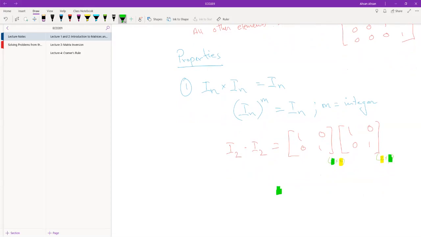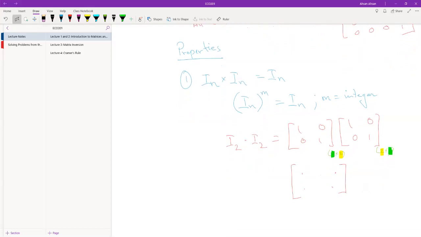So what we are going to have is a 2 by 2 matrix. And how do we calculate the entries? Well, we've done it in the last lecture, so hopefully all of you remember. If you want to, you may pause the video and do the multiplication yourself.